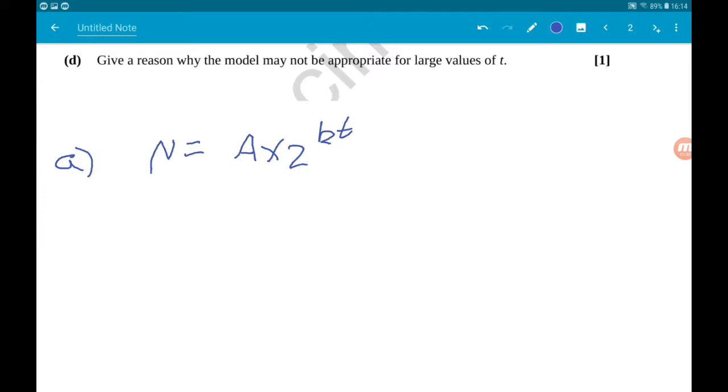Now, given that we want log 10 n against t, we're going to need to take the log base 10 of both sides. So we get log. Now, when you write log without a base, it is log base 10. So to cut down notation, I'm not going to write in the bases. So we can say log n is equal to log of a times 2 to the kt.